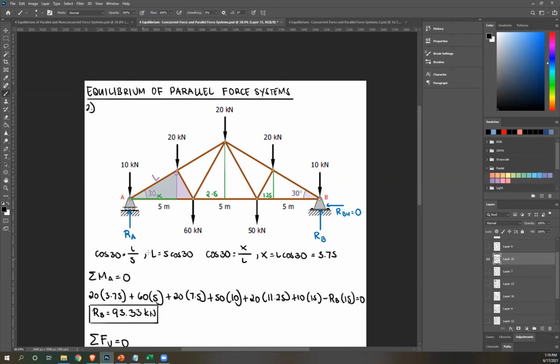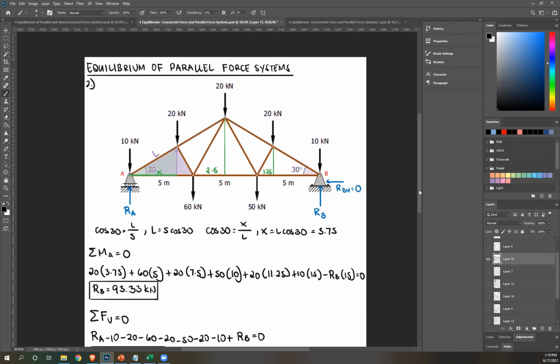So we called it X. Okay, so considering this large right triangle, we can use cosine 30 equals adjacent, which is L, over hypotenuse, which is 5. So we have an equation for L. And then next, considering the smaller right triangle, again using cosine 30 equals adjacent, which is X, over hypotenuse, which is L. And then from that, solving for X is 3.75.